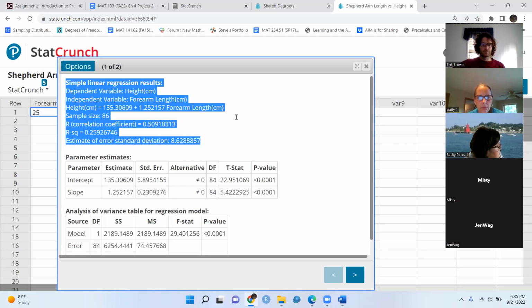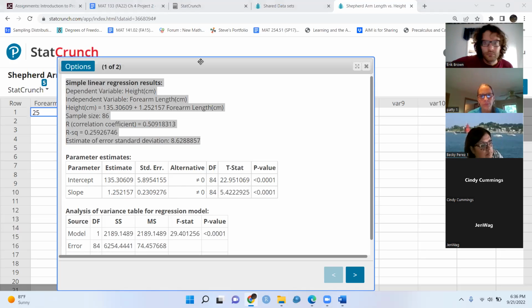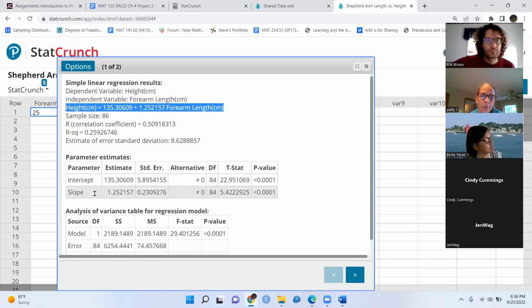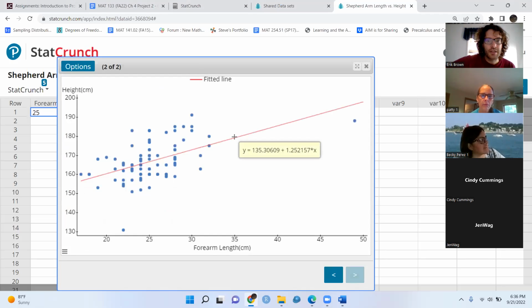Correct. And then, Alexa, that formula is kind of hidden there. See where it says height equals? So if you go to the graph, StatCrunch takes away the names and turns it into letters.